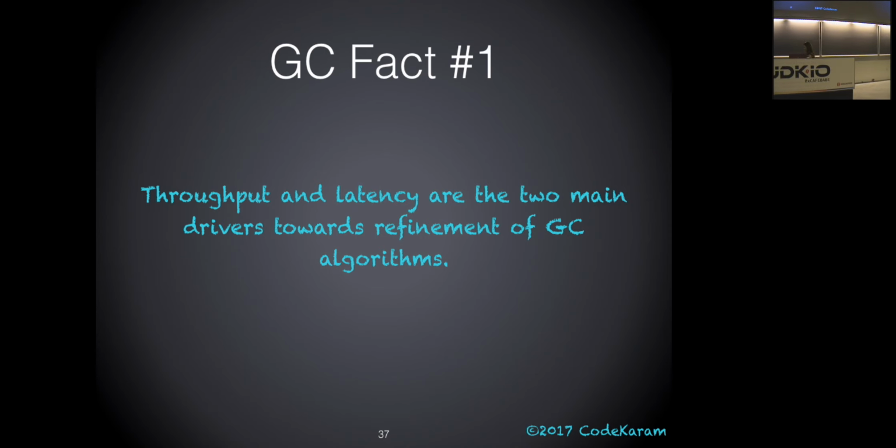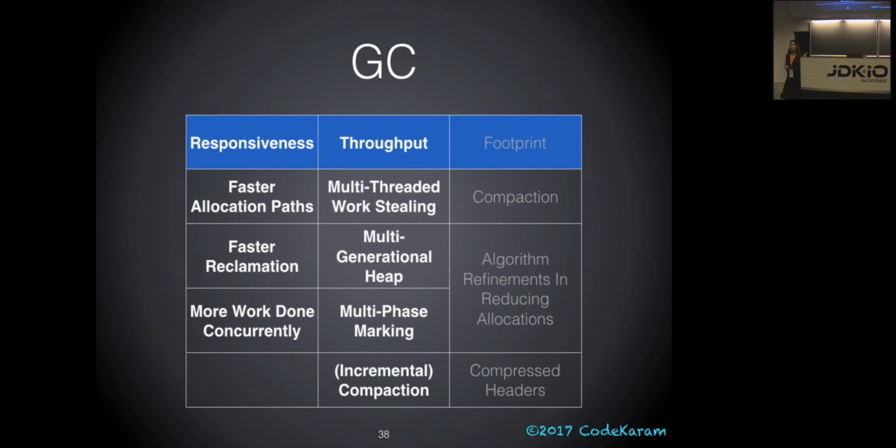So now comes the fact, okay? Throughput and latency are the two main drivers towards refinement of GC algorithms. So what that means to me is that we're only interested in these two, at least in today's session. But in general, you will find more people, and actually the default up until Java 9 is the throughput collector, which is also known as parallel GC or parallel old GC.